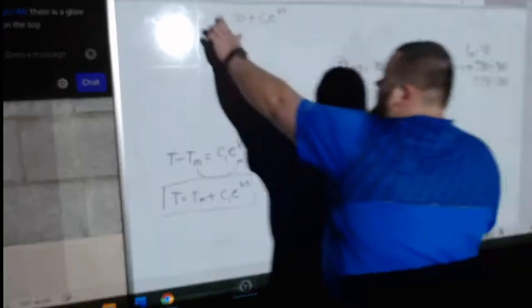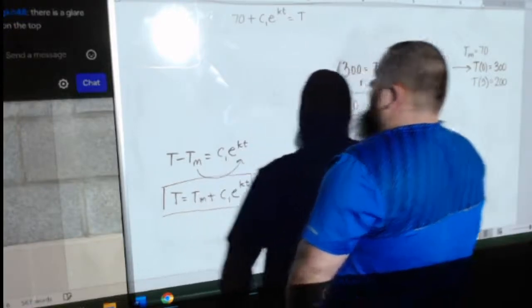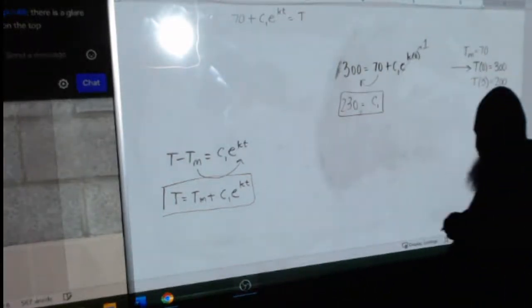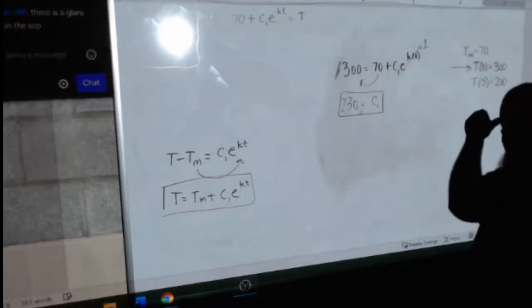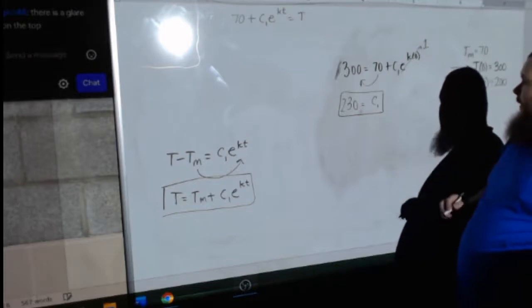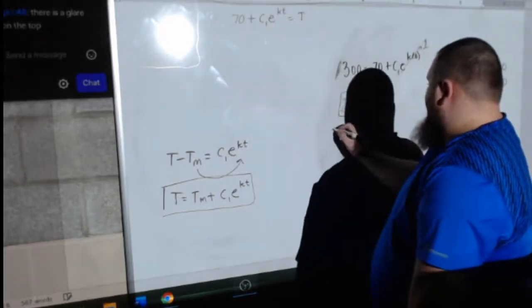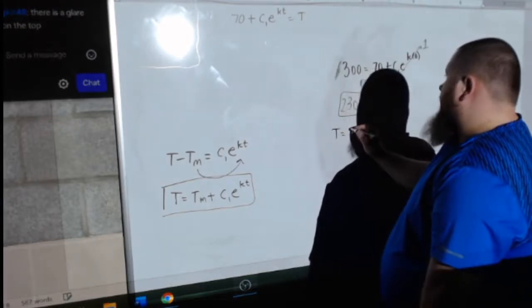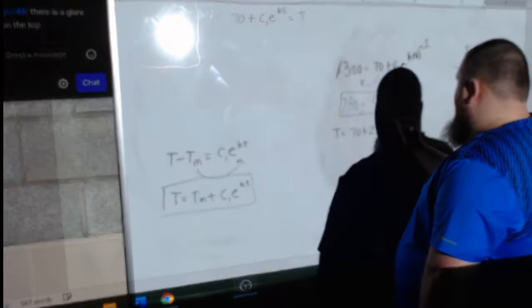And then over here, this is just a big T. Couldn't see that before. Okay. So this is our constant. Once we take that and plug it back into the equation, we now have temperature equals 70 plus 230 e to the kt.